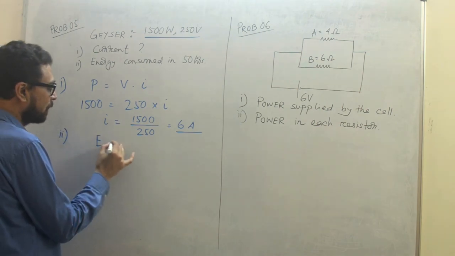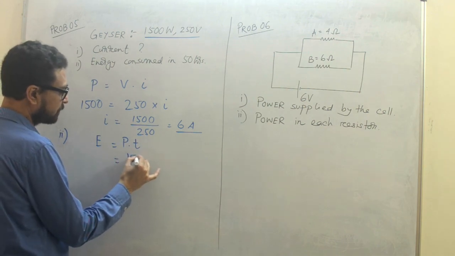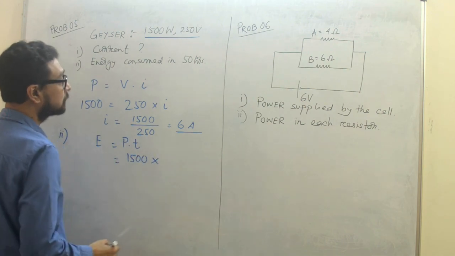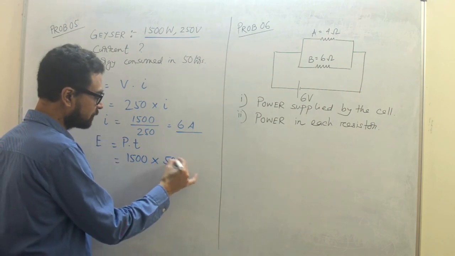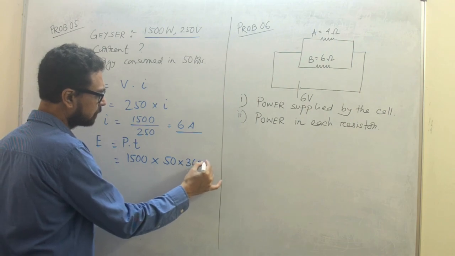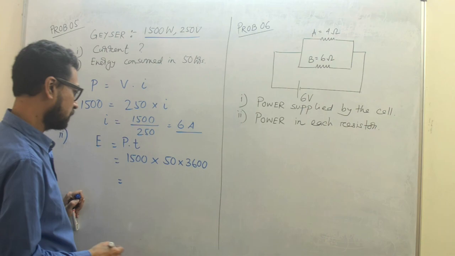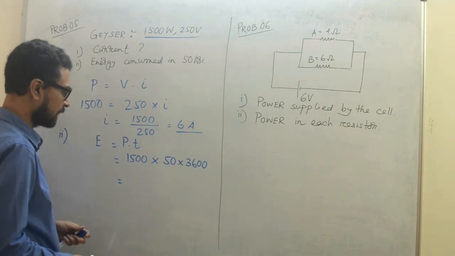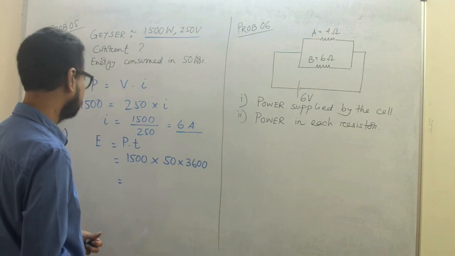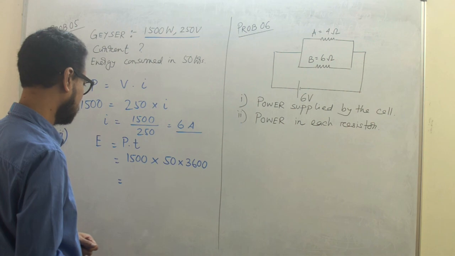Energy is power into time. Now power is 1500 watt and time is 50 hours. So 50 hours we have to convert to seconds. So 50 into 3600, and 1500 watt it is.